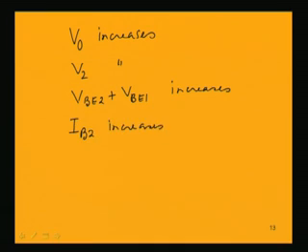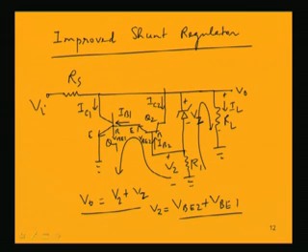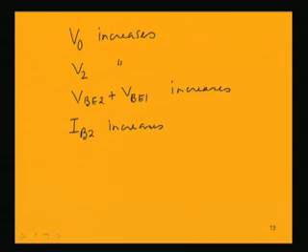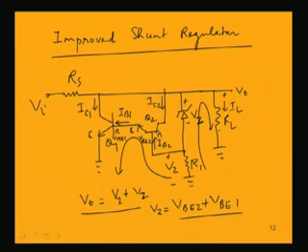Now if the base current in the second transistor increases, then the emitter current in the second transistor IE2 is also increased. But IE2 is nothing but the base current in the first transistor, because if you look into the circuit, this emitter current in the second transistor is nothing but the base current in the first transistor.